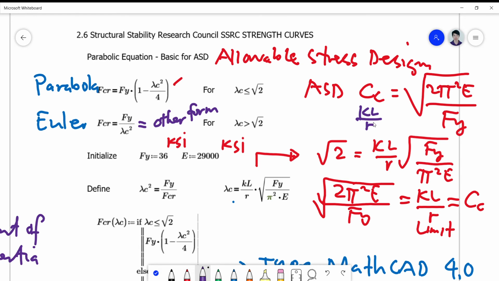And this KL over r ratio is compared to the limit of C_c given by the square root of 2π²E over Fy. And this 2π²E over Fy was derived from this parabolic equation of the AISC coming from the SSRC council.